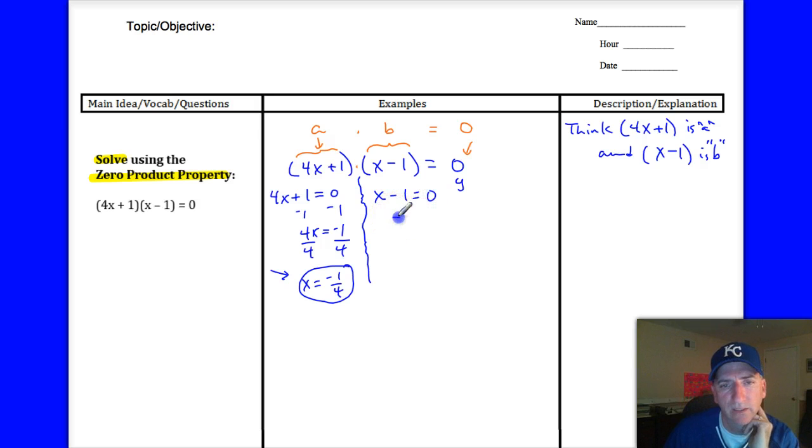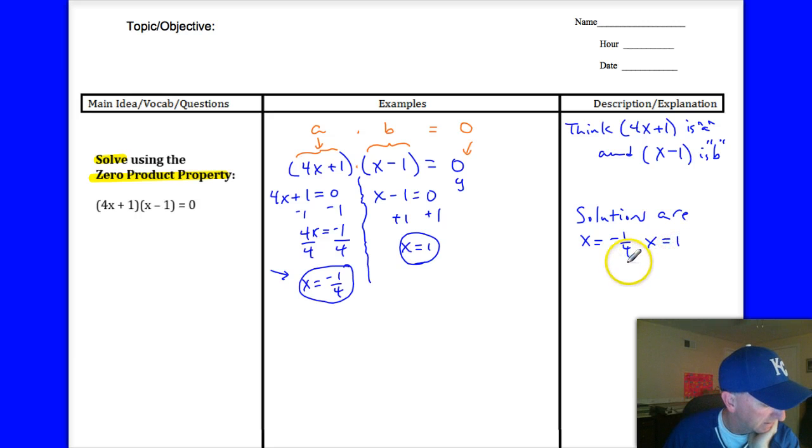So if x minus 1 is equal to 0, if we add 1 to both sides, x could equal 1. That's another possible solution. So the solutions for this are x equals negative 1/4 or x equals 1.